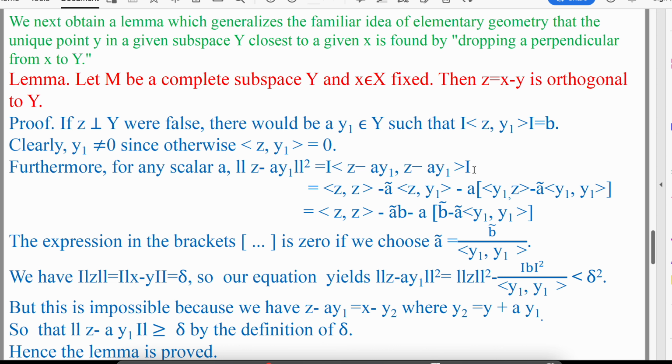So you know how to simplify this part, how to calculate the inner product. So this is inner product of z with z minus a bar inner product of z with y1 minus a inner product of y1 with z, plus a a bar inner product of y1 with y1.